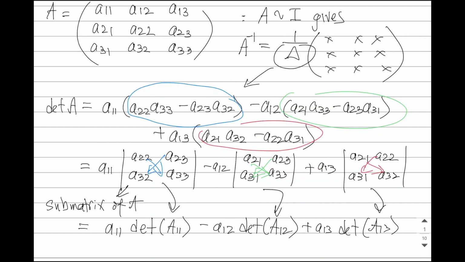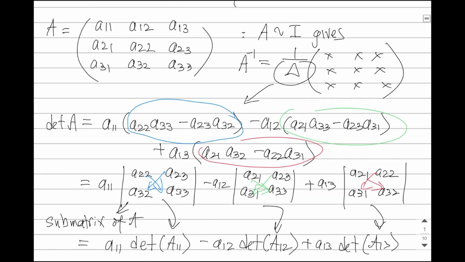So if I go back to the original matrix, if you take a look at the thing in the blue, this submatrix I got by taking the entry in front, A11, crossing out the row that it lives in, and crossing out the column that it lives in. The matrix that I'm left with is simply that submatrix here.